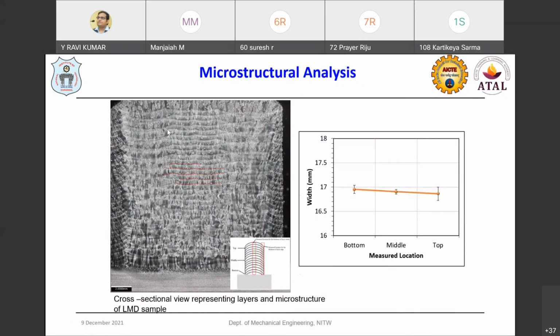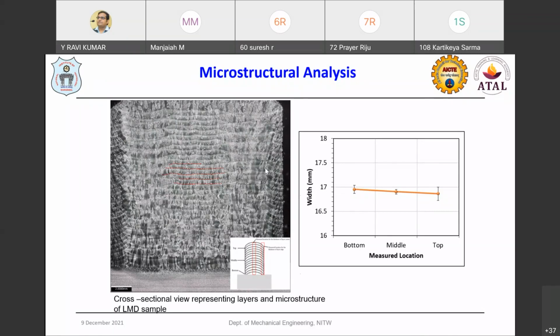If you see the microstructural analysis of this cross section, the titanium components made by the DED process, that is the laser metal deposition process, you can see the number of layers as well as the multiple profiles, the width, and the layer height from bottom to top.